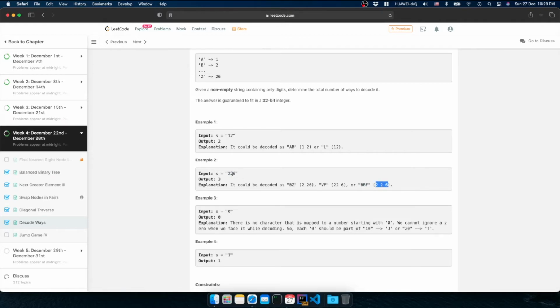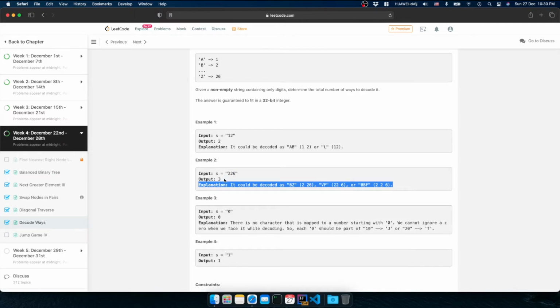The second way can be to consider 2 as a single digit and 26 as a different number, right? So it will be BZ. Third, you can consider 22 as a single number and 6 as the remaining number. So it will be VF, right? So we can say that there are only three possible ways of decoding 226. So the output will be 3, right?